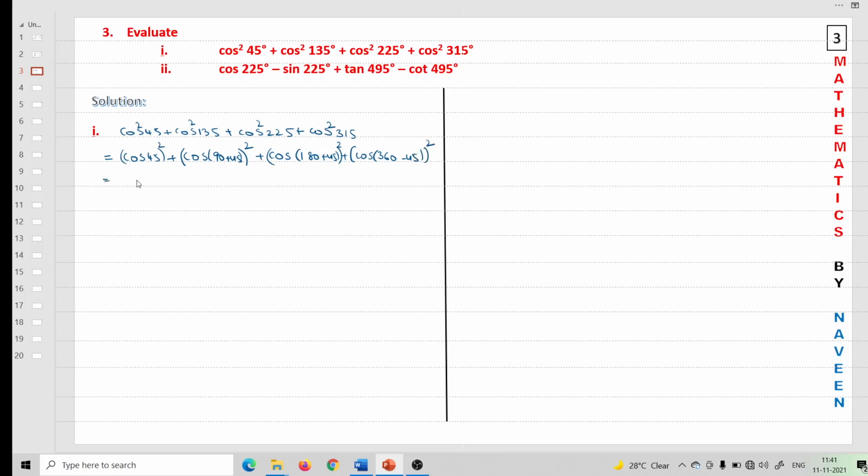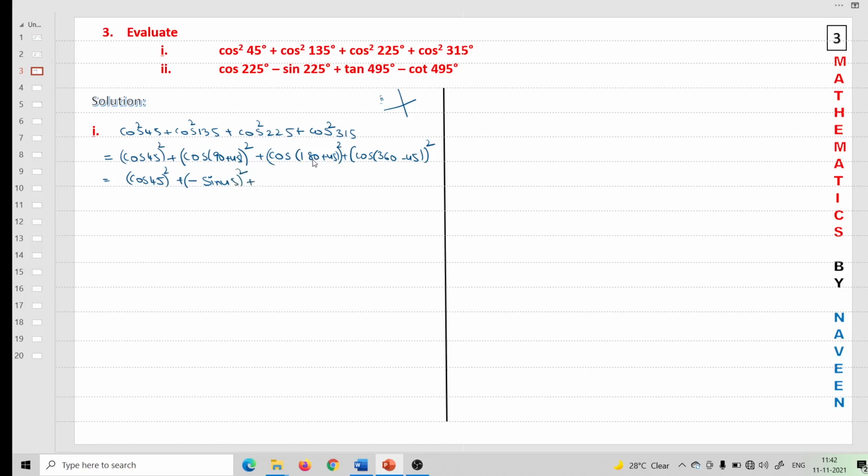So that is equal to cos 45 whole square as it is, plus 90 plus 45, second quadrant, right? In the second quadrant cos values are negative, so I am writing minus, and pi by 2 is multiplied by 1, so there is a change in trigonometric ratio: sin 45. Clear?